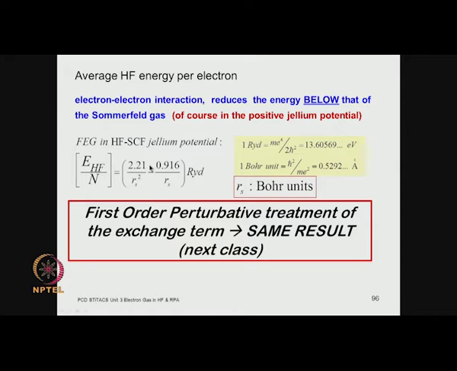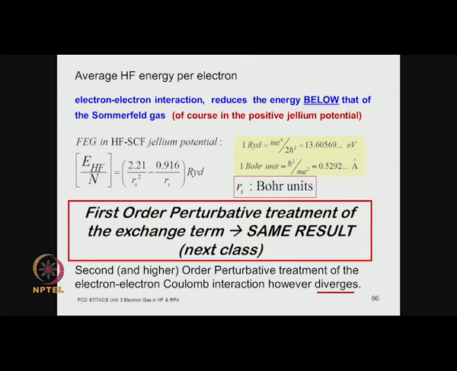Now, it turns out that if we did this using perturbative methods, we get actually the same result, and I am going to show it in the next class. So, in the meantime, I just want to anticipate this result and inform you that the first order perturbative treatment will actually give the same result.